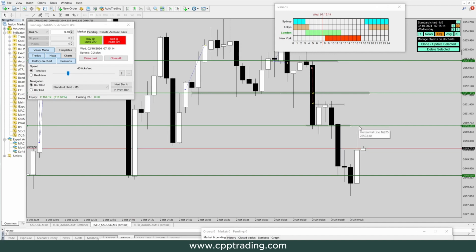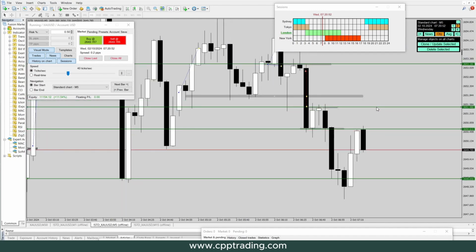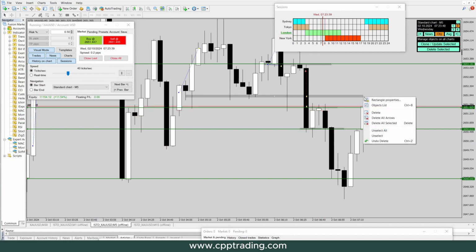Extremely high chance. And also has the potential to move up to what we have at this price level, 2651.5, because this was a resistance. This could now turn into a resistance again.